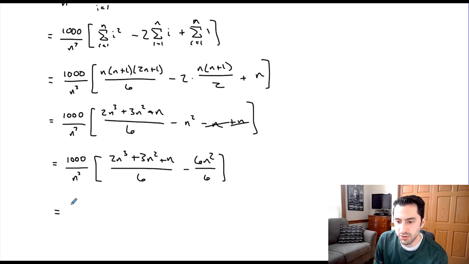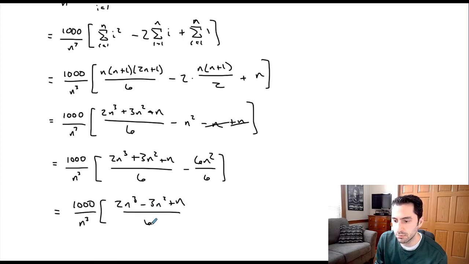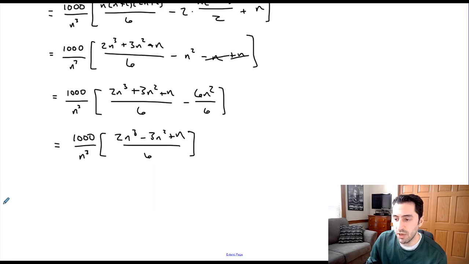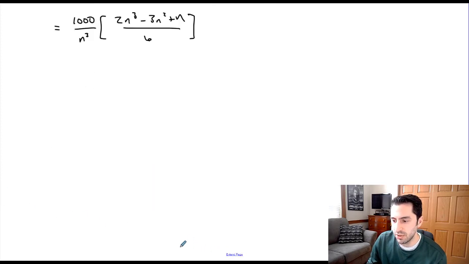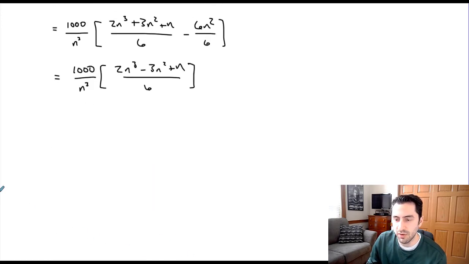Now let's bring those two terms together. Combining those together, we end up with this fraction: 1,000 over n cubed times 2n cubed minus 3n squared plus n, all over 6.